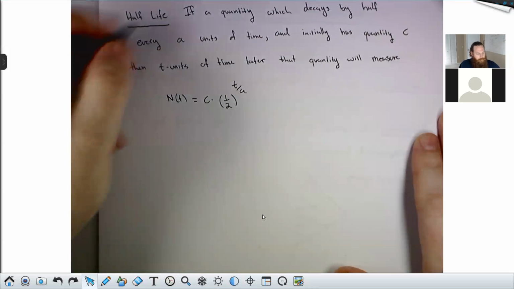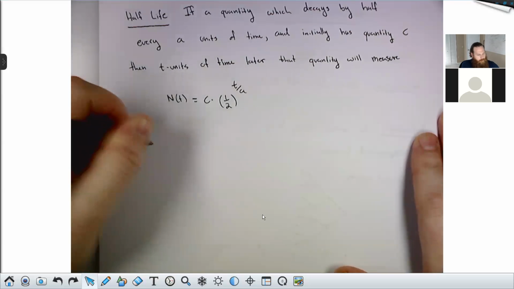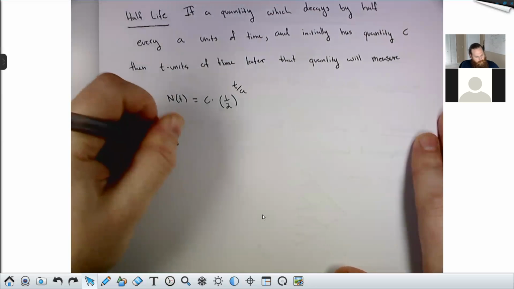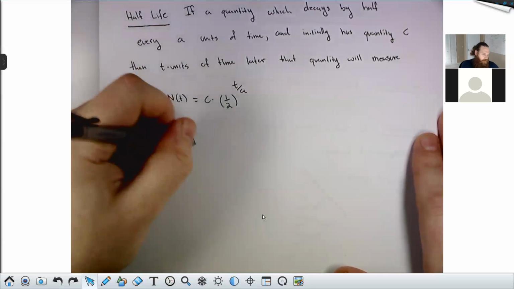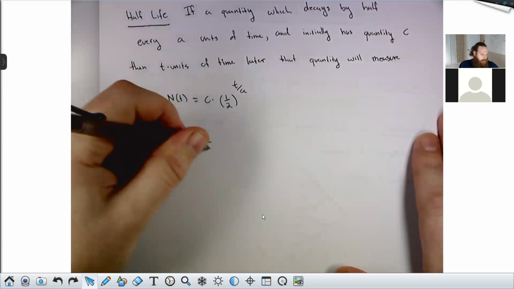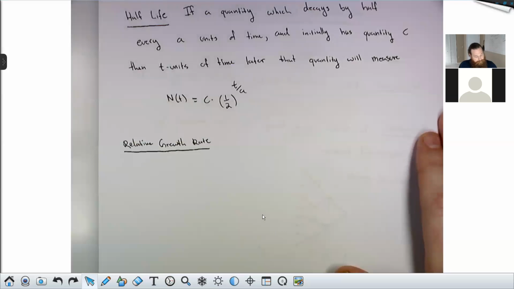So the last kind of model, exponential model here, is what your book calls relative growth rates. And this can be applied to literally anything.